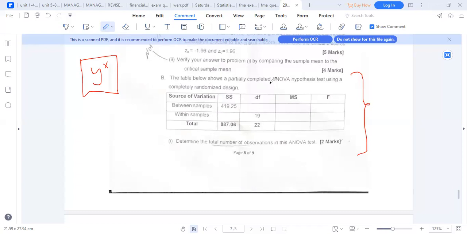So you're given a table and you're asked to complete it. So how do we find the figure here? You subtract.